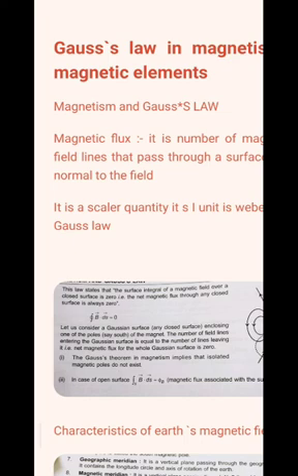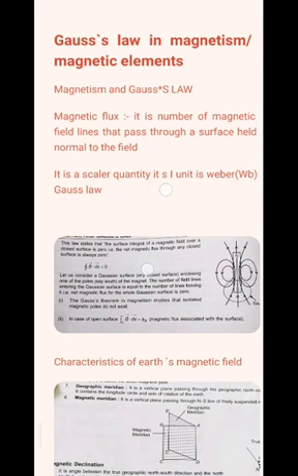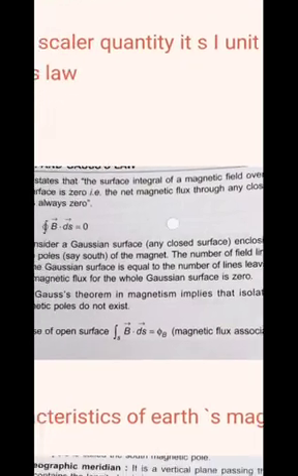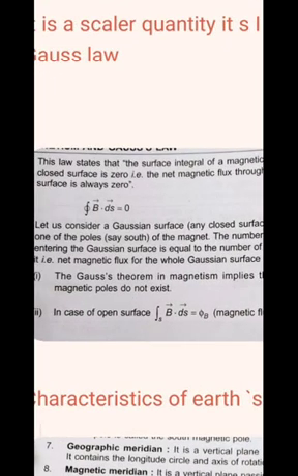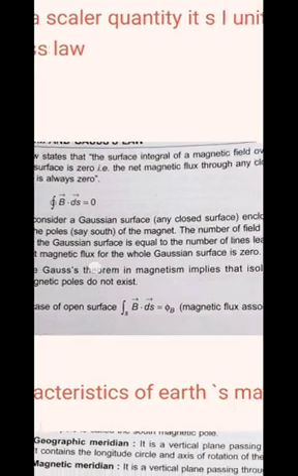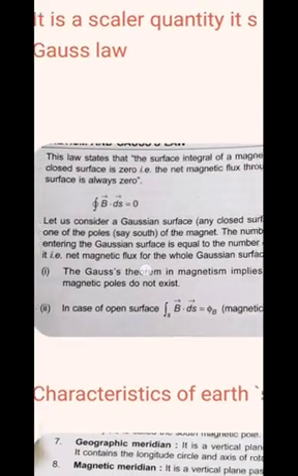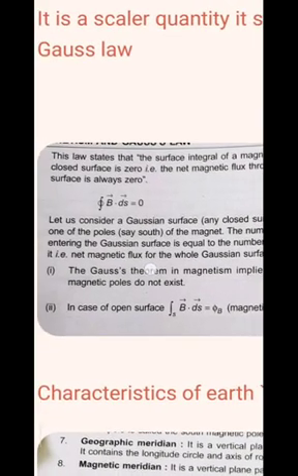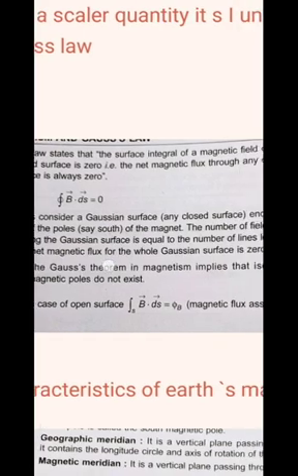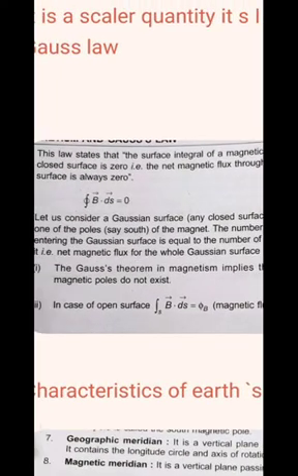In magnetism, we define magnetic flux as the number of magnetic field lines that pass through a surface held normal to the field. This magnetic flux is a scalar quantity. Its SI unit is Weber. Gauss' law in magnetism states that the surface integral of the magnetic field over a closed surface is zero, that is, the net magnetic flux through any closed surface is always zero.